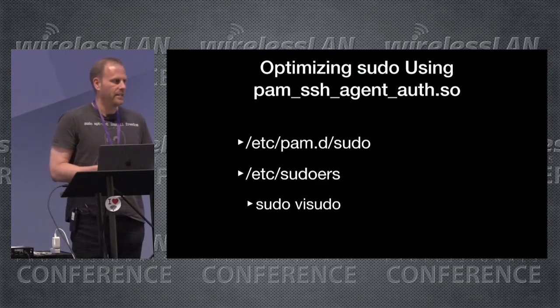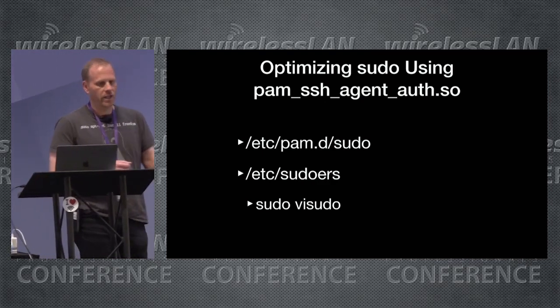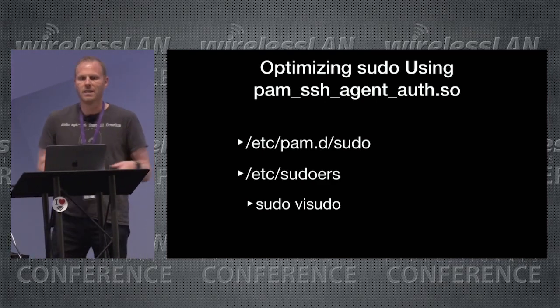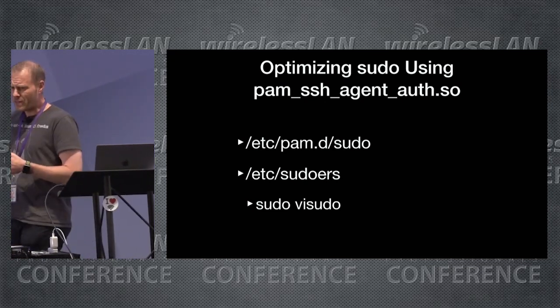So what's cool about that is I have a remote session, I'm using public key authentication, I get rid of my password, I then log into the remote box, and I need to run a sudo command, and I don't need to enter my password. To do that, obviously, you need to get this module onto your SSH server, your Linux or Mac.